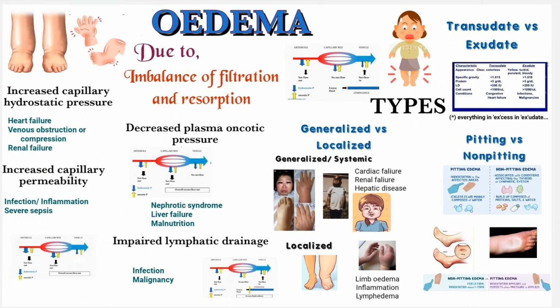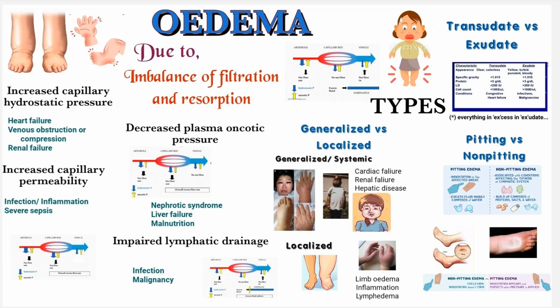Edema is either caused by decreased absorption or increased secretion of fluid into the interstitium. Edema formation occurs when there is an increase in capillary hydrostatic pressure, an increase in capillary permeability, a decrease in plasma oncotic pressure, or due to lymphatic obstruction.